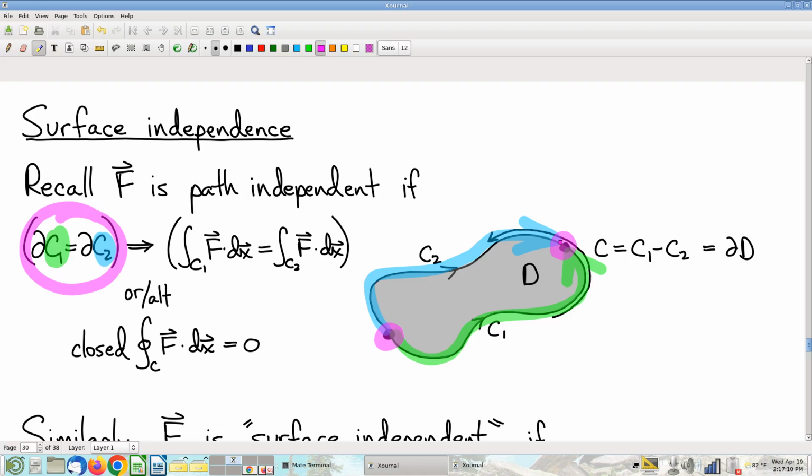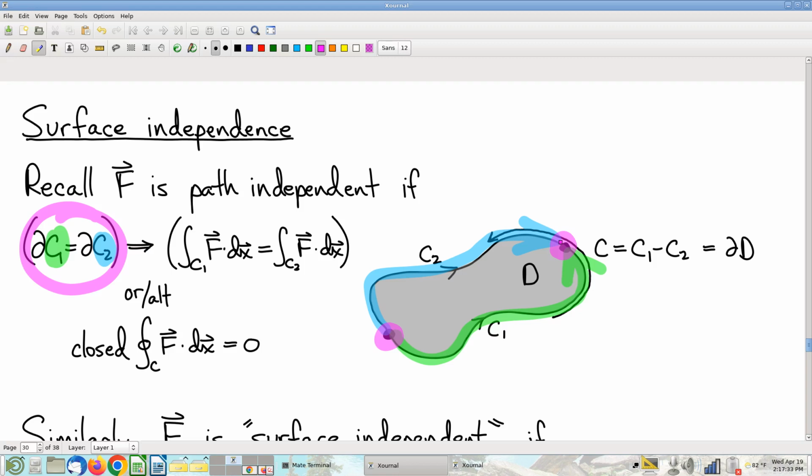Two curves with the same boundary. And I add, same boundary with the same orientations, in the sense that it's not good enough for one to start where the other one ends and to end where the other one starts. No. They have to start at the same point. Period. And then they also have to end at the same point. Also period.